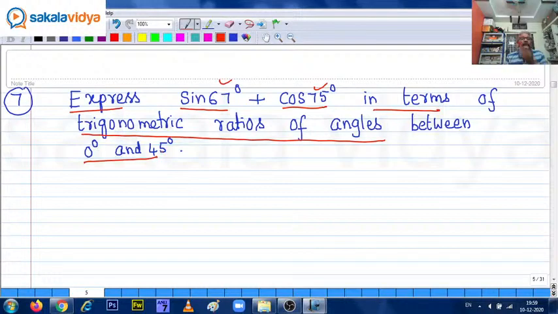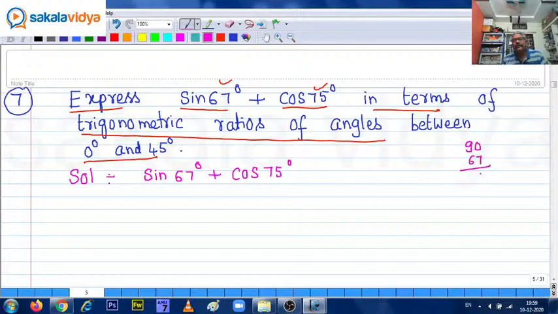So let us write like this now. Solution: sine 67 degrees plus cos 75 degrees. Just do one thing, 90 minus 67. How much will you get? 23.